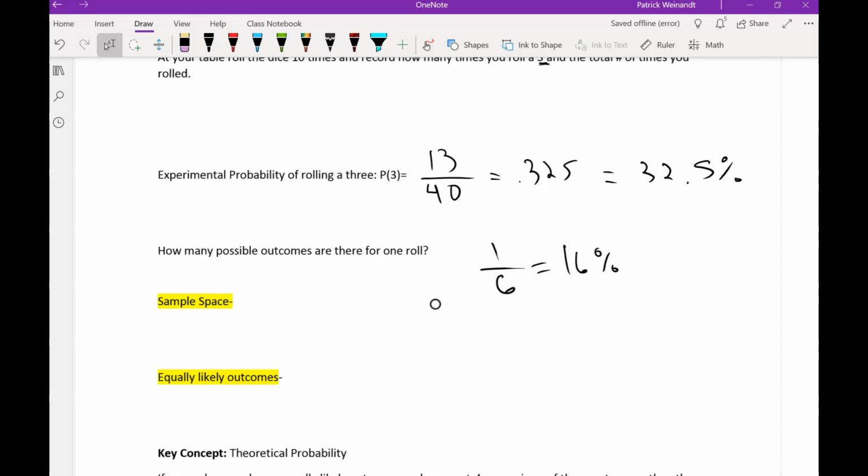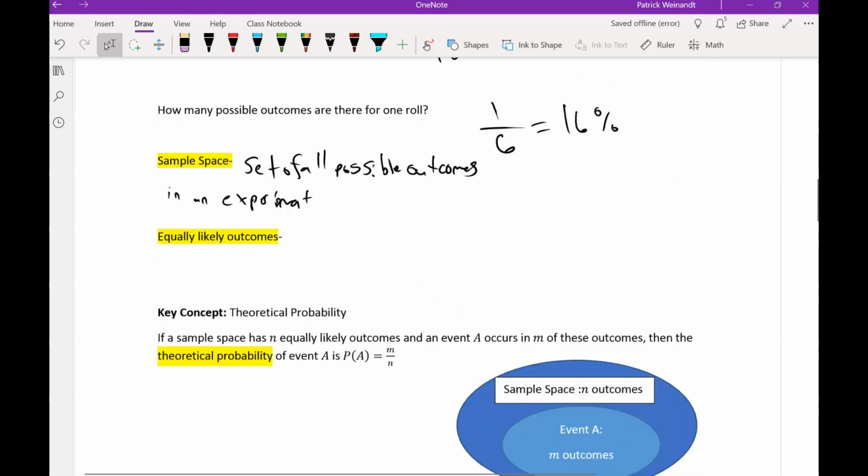Now we're going to talk about theoretical probability. A sample space is just a set of all possible outcomes in an experiment. Okay, now equally likely outcomes, it describes itself.